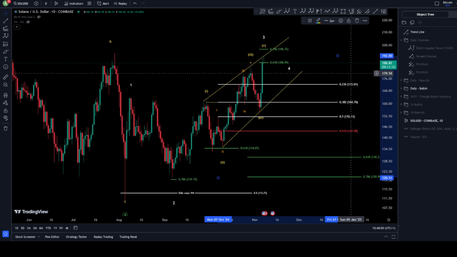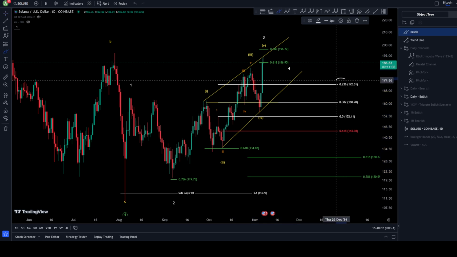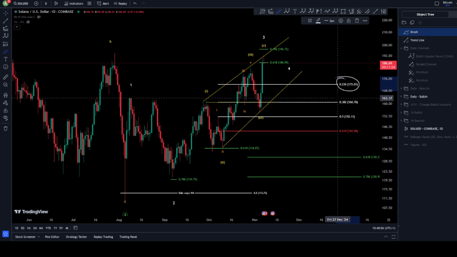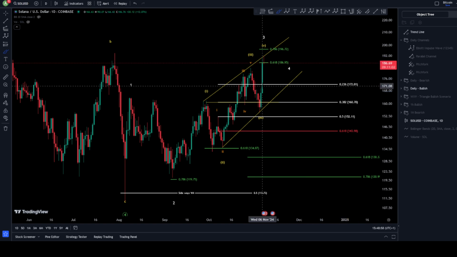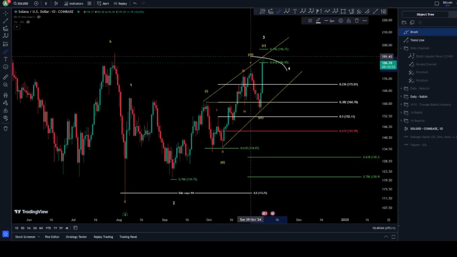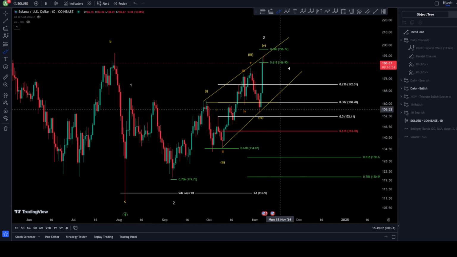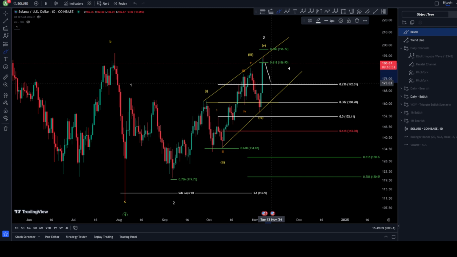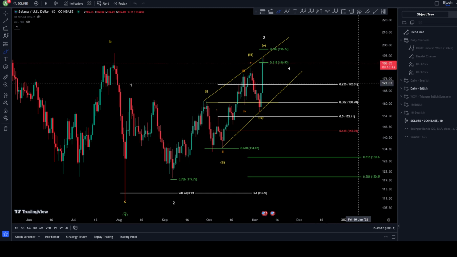So your minimum support for a wave 4 is the 172, guys. Therefore, all what we got in the US election, we're gonna take it back down. I think so. Yeah, this is the daily, guys. All right. So this is the daily, this is what it shows. So the minimum possible price for continuation towards the upside is the 172.